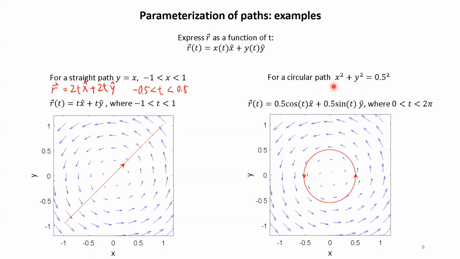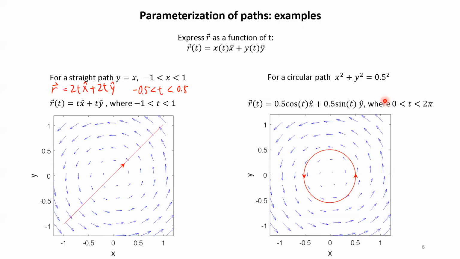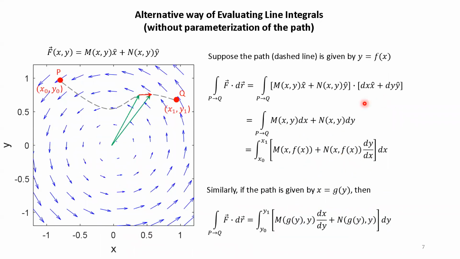So that's why we satisfy this path. So what I just did is the parameterization of a path, right? I have this curve, the trajectory of this particle in the XY plane.